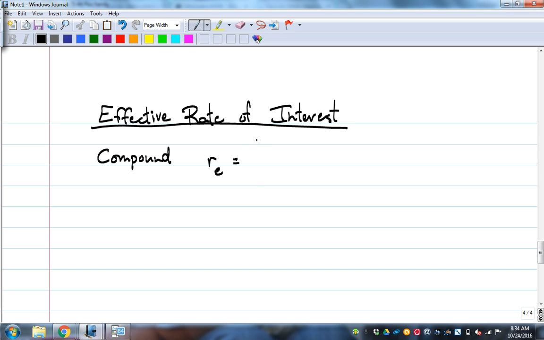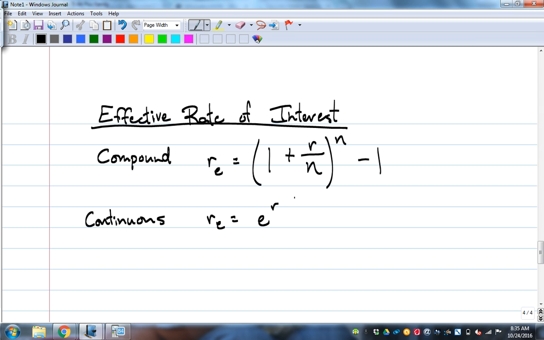Effective rate of interest is the parentheses part of the compound interest formula. For the continuous, it's e to the R minus 1.